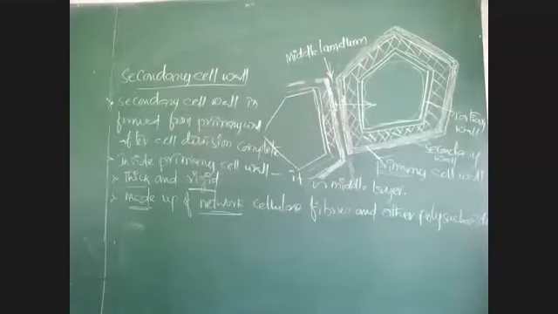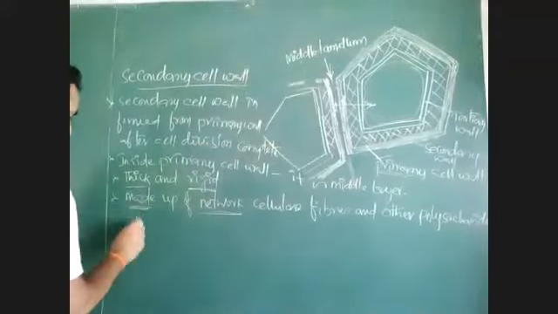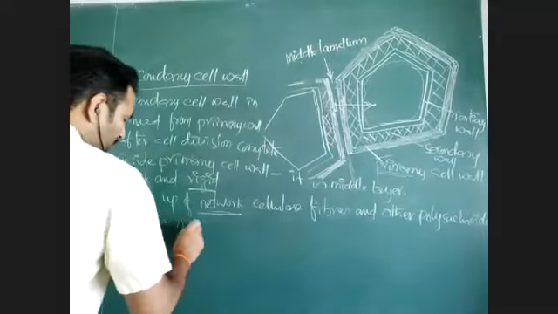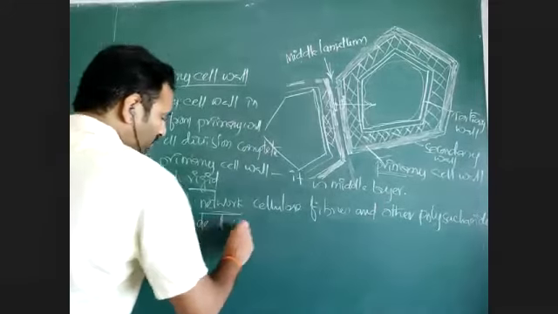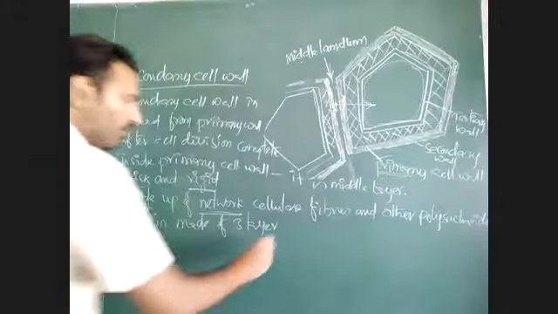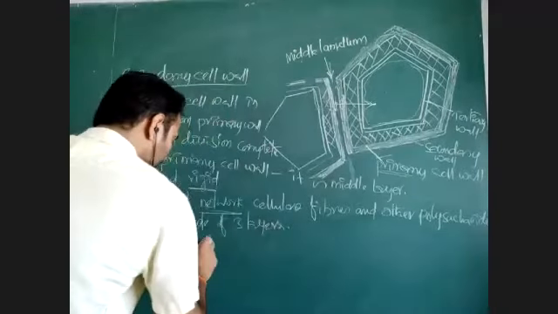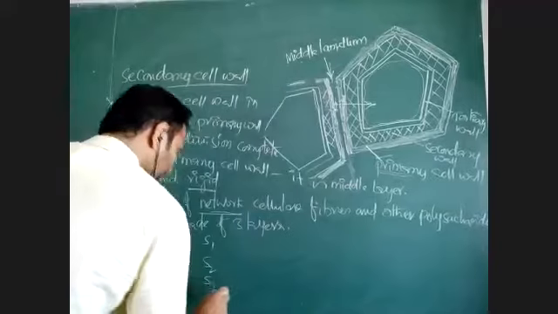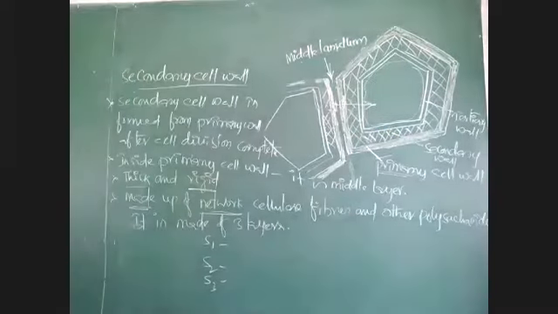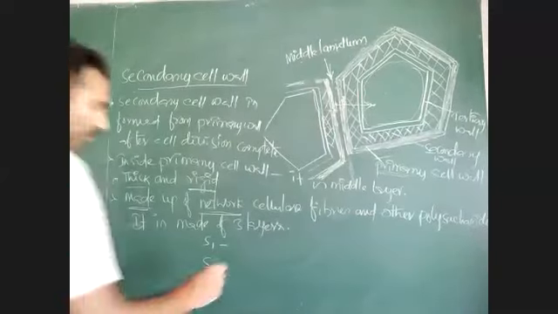Here the secondary cell wall is again divided into three layers. What are the three layers? S1, S2, S3.